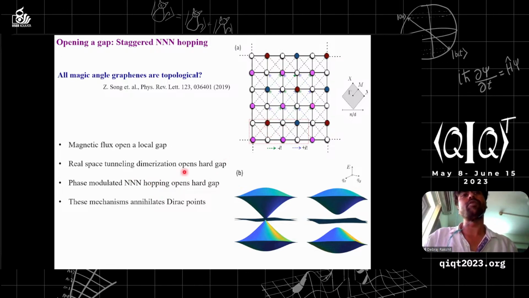That also opens a hard gap. So we are creating from a band structure like this to this. But this mechanism will destroy the Dirac points. As soon as you introduce this on-site potential, it introduces a mass term in your system, and then it is no longer massless Dirac. So then you are creating these gaps.